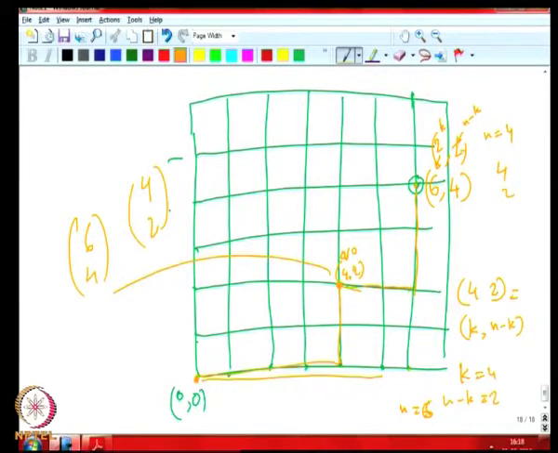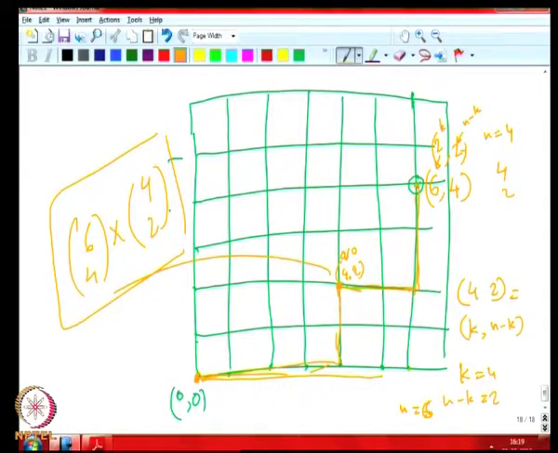So to reach from here to here we have 6 choose 4 ways, and to reach from here to here we have 4 choose 2 ways. Then by product principle, we can multiply the ways, because any route I can take from here to here which is valid, I can combine it with any route which is valid from here to here, right.